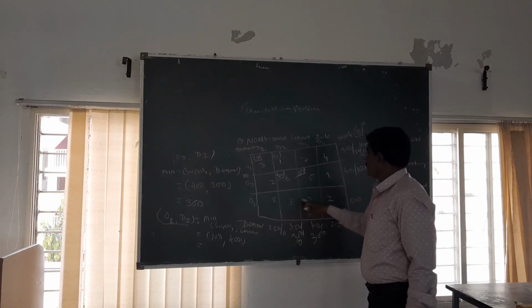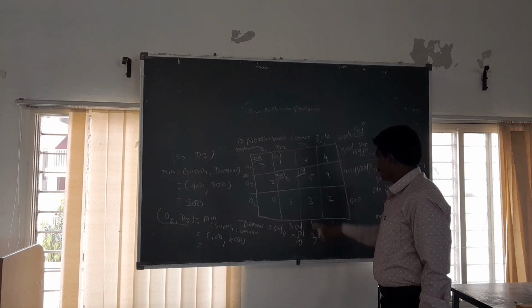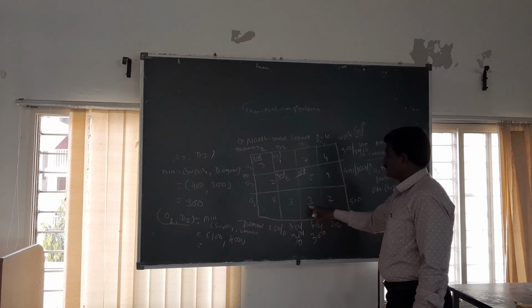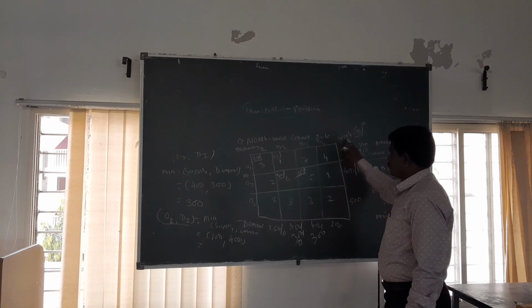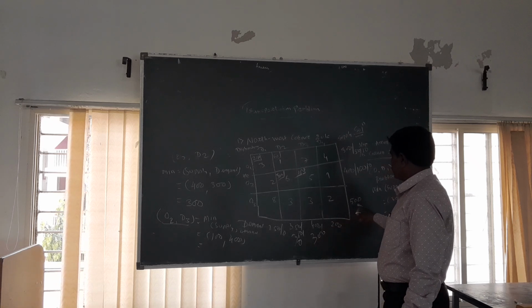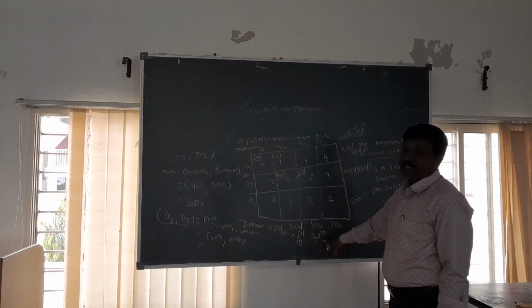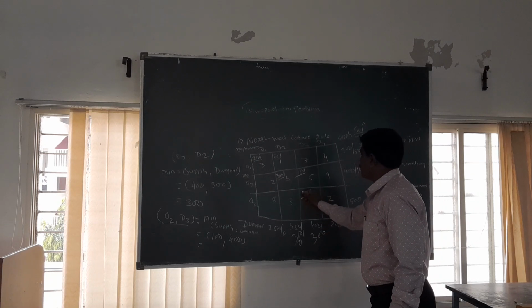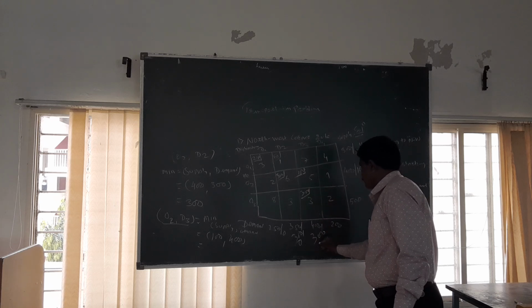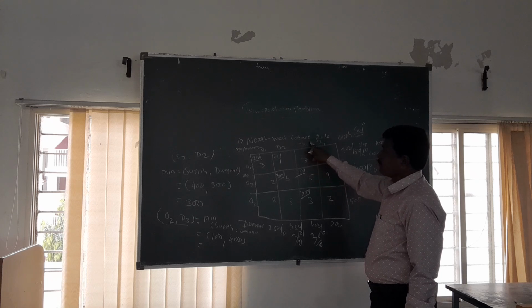Then we move to the next cell, O3 D3, and take the minimum of supply or demand. The minimum of 500 and 300 is 300, so we allocate 300, and 300 minus 300 is 0.